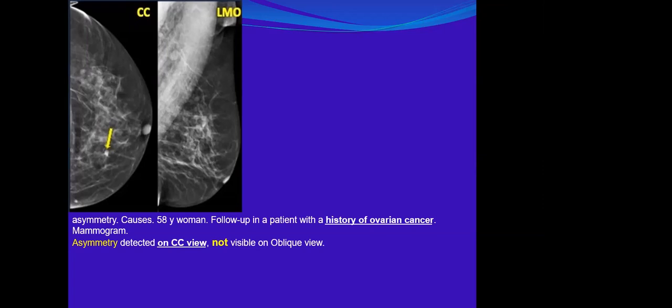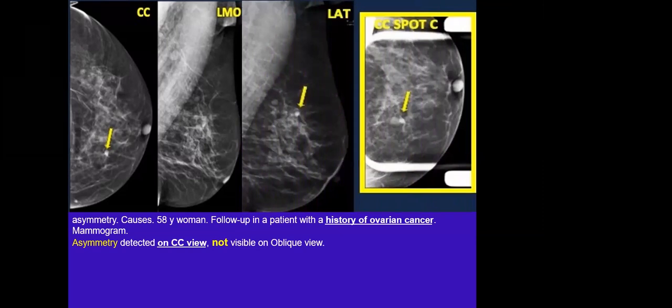In this patient, I have to do further imaging. They have done spot compression, and it is still there. This is the MLO and this is the other view.